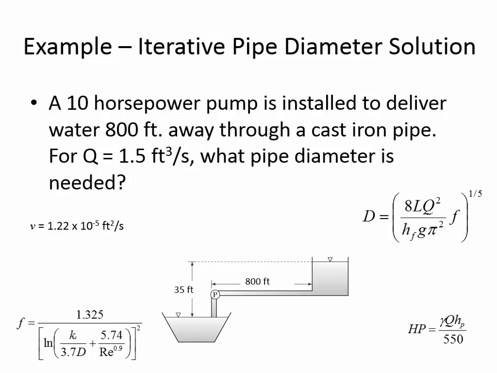Let me do that just for the sake of completeness. 550 foot-pounds per second per horsepower times 10 horsepower. There we go, I think they work out now. Other questions? That was a good one. How the units work out is always a good question.